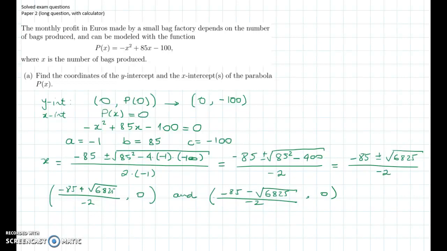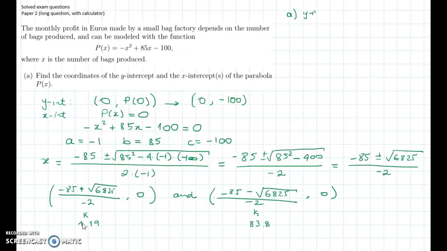It's going to be useful to know what are the approximate values of these horrible expressions. So I'll write over here, this is to three significant figures 1.19, and this other number is to three significant figures 83.8.